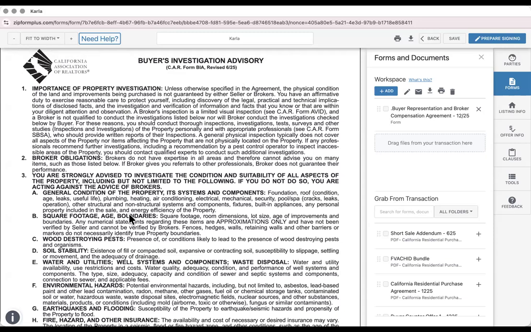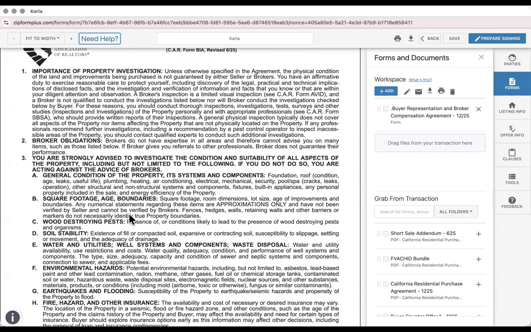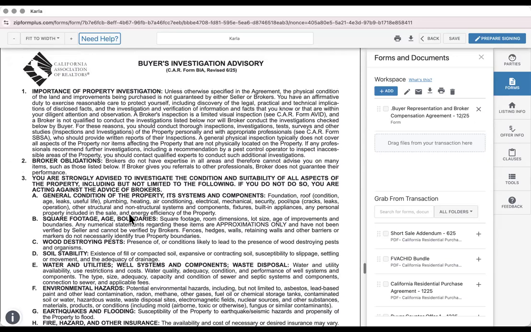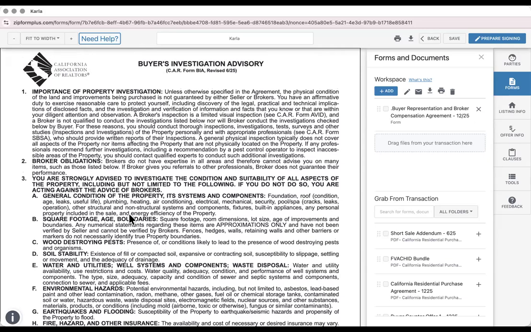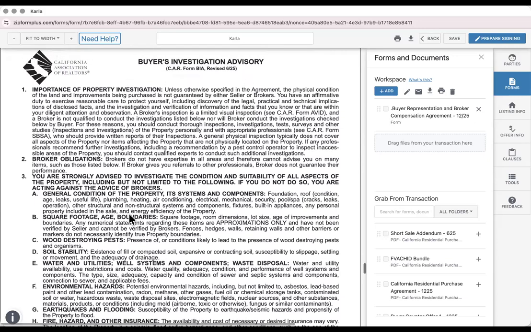So what that means is even though you remove your contingency, you can still do inspections for your own knowledge, okay? I do tell them this, like if they choose to not do any inspections, they still have the right to do inspections for their own knowledge, okay?